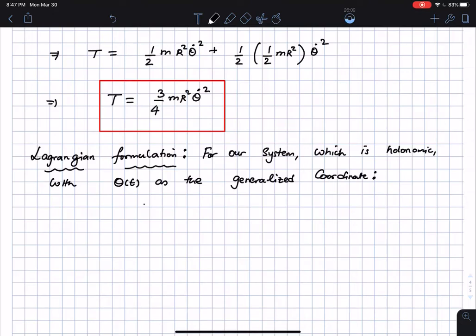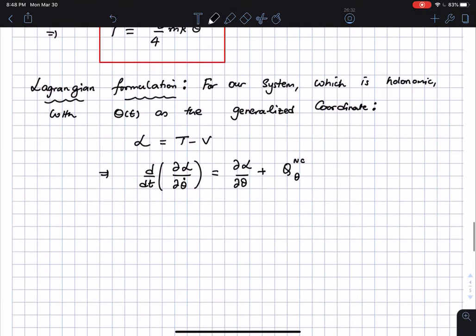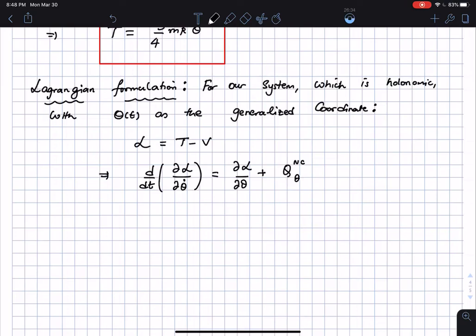If we say that L is T minus V, then d by dt of dL by d theta dot is equal to dL by d theta plus Q non-conservative theta. These are the generalized non-conservative forces corresponding to that particular generalized coordinate, and this is something we have to look at.